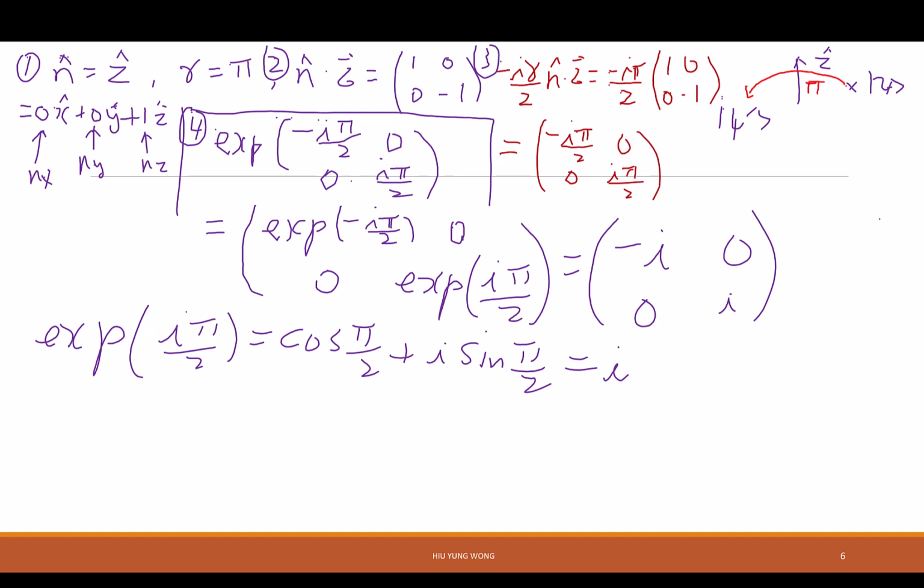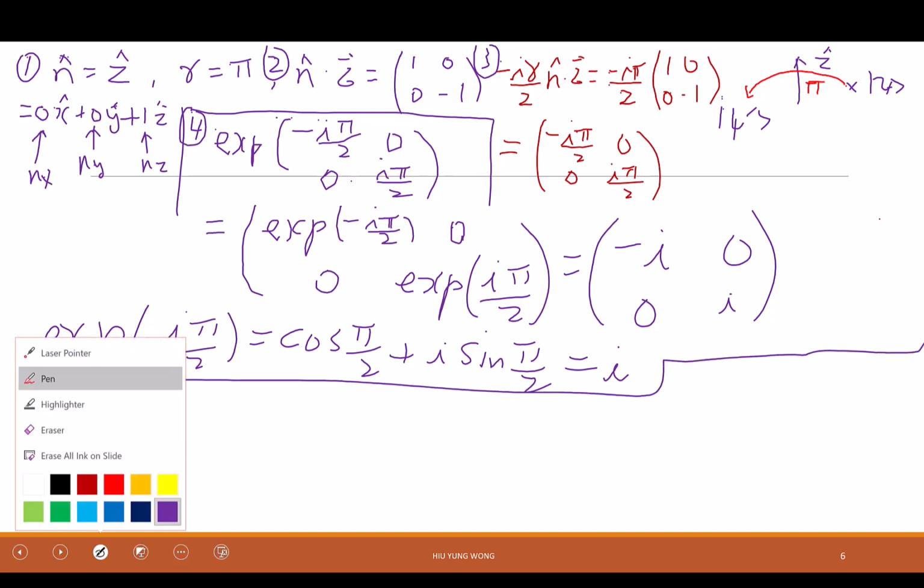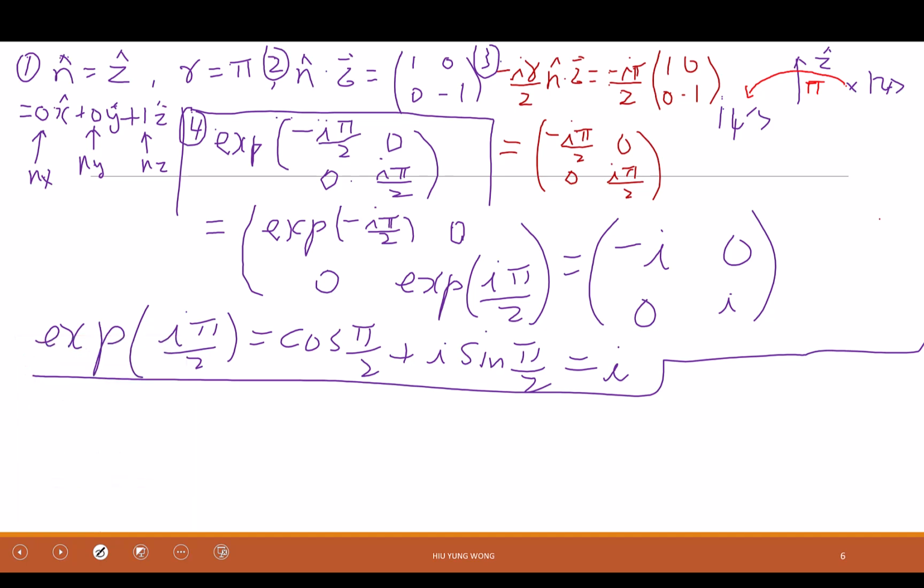So I am going to apply Rz instead of n because along z, right? I apply this to a gate. I apply this to a state. I'm going to apply this to the plus state.